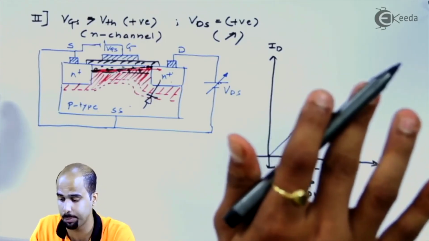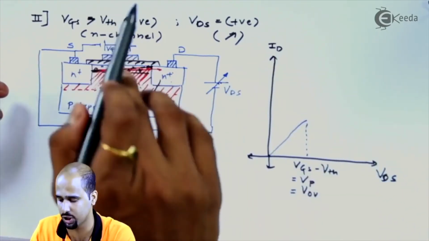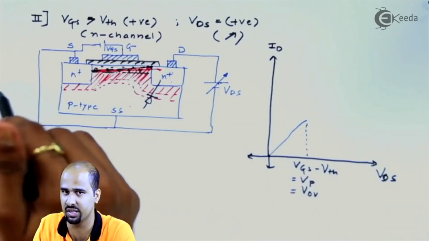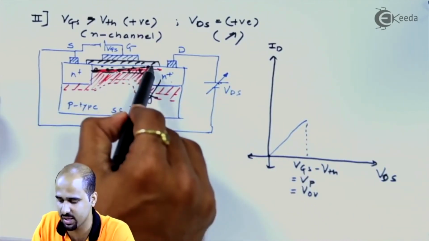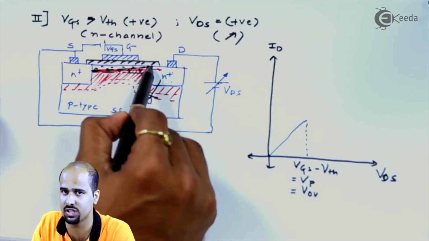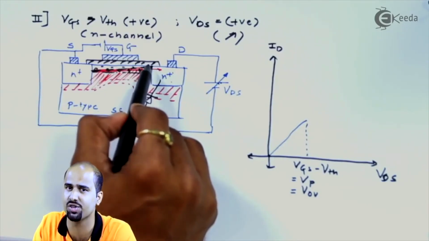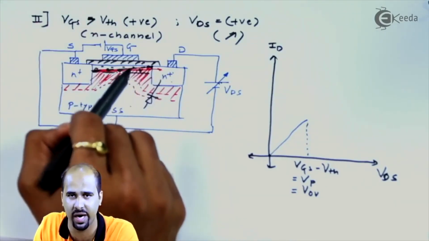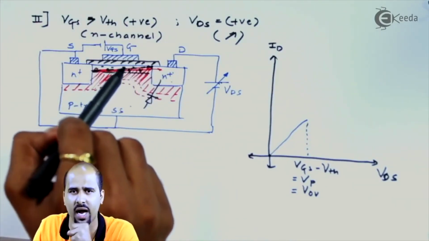Now what happens exactly at that particular point? The value of VDS is increasing, but the width of the channel, that means the space required for the electrons to move from the channel region towards the drain side, keeps decreasing.